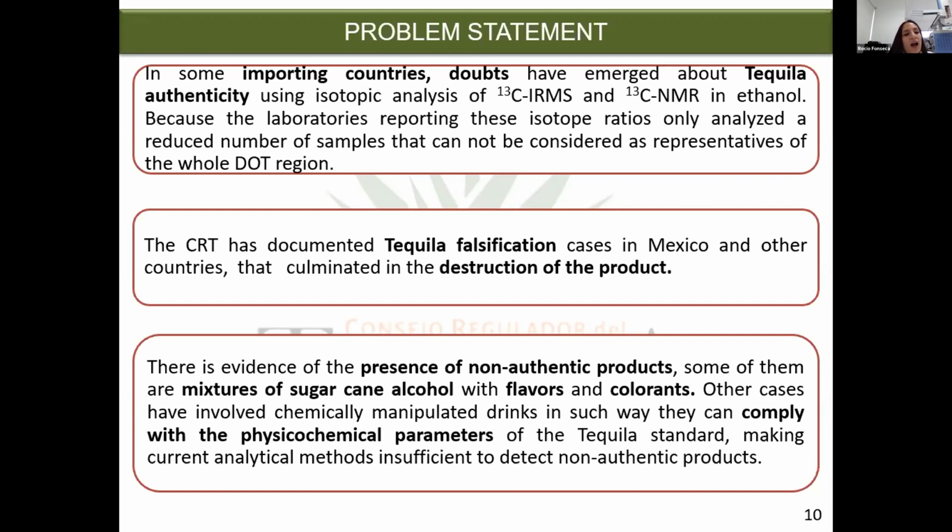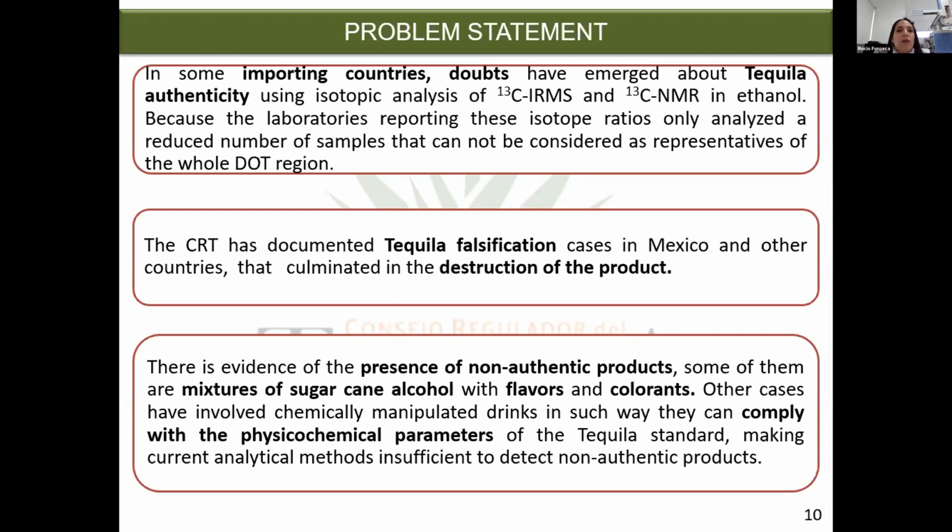Some of them are mixtures of sugar cane alcohol with flavors and colorants. Other cases have involved chemically manipulated drinks in such a way that they can comply with the physicochemical parameters of the tequila standard, making current analytical methods insufficient to detect non-authentic products.